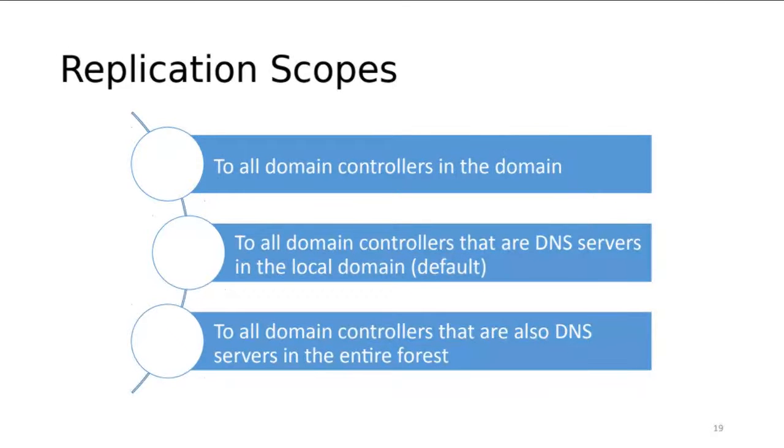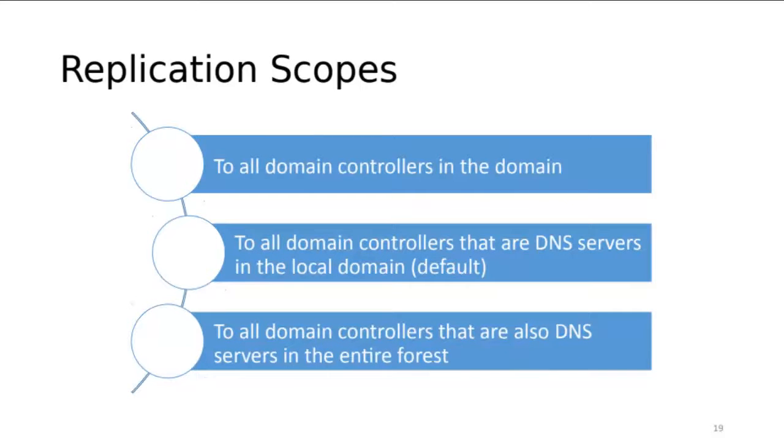What is replication? Replication is when one DNS is replicating its contents to the others. Replicating, that's the meaning of replicating, sending the copies of changes to another server. We have different scopes of replication.